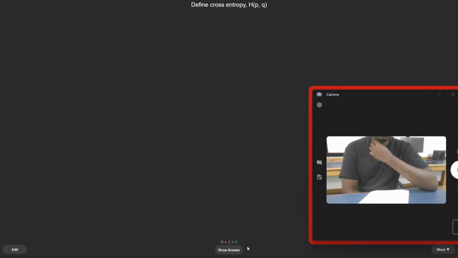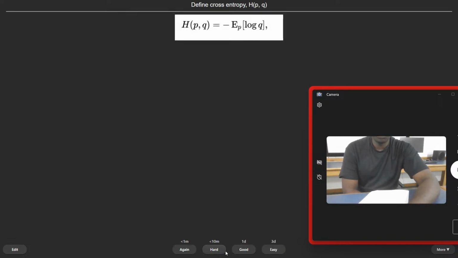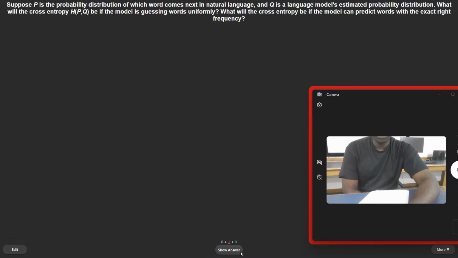The cross entropy is minus one times the expectation under P of log Q. So the cross entropy will be the log of the vocabulary size, and if it can predict words correctly, it is just equal to the entropy of the language itself.